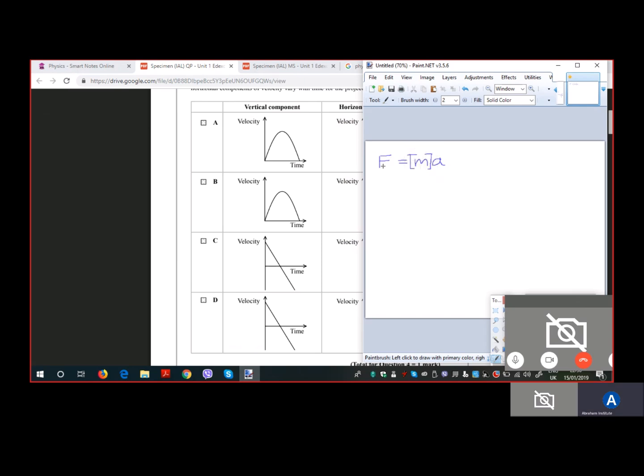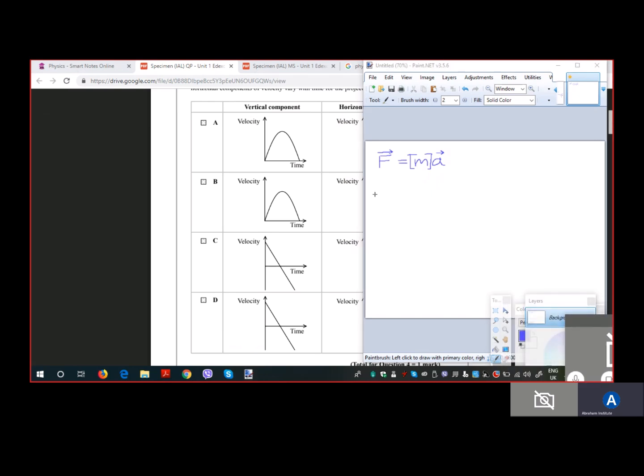This is a vector quantity, so I'll draw the arrow on top. You remember in mathematics you learned about vectors, so this arrow indicates it's a vector. So the F and the A are in the same direction, and it is this resultant force which produces the acceleration. So when the object is thrown, the resultant force is its weight.